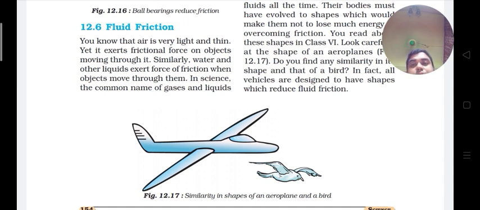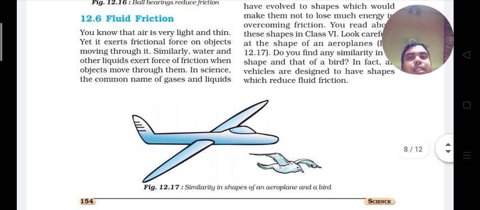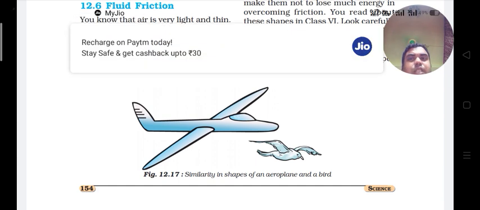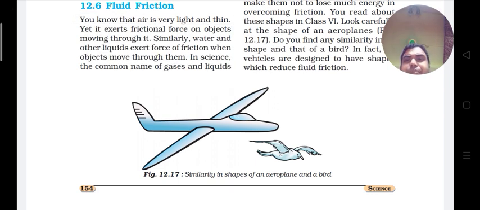Air is very light and thin, yet it exerts frictional force on an object moving through the air. The object pushes the air out of the way and the air pushes back on the object. This push of the air on the moving object creates friction which tends to slow down the moving object.